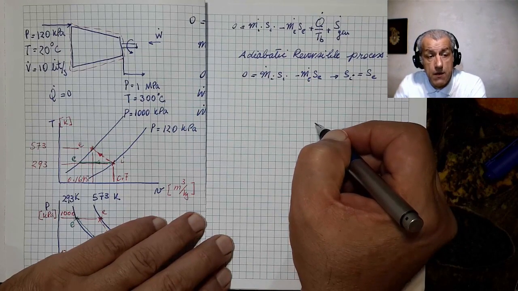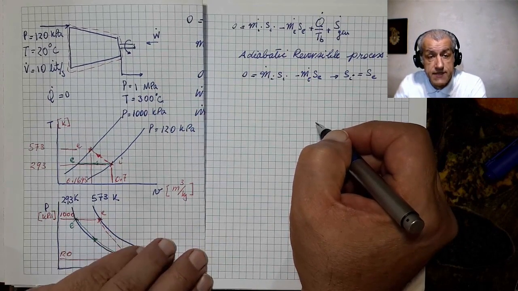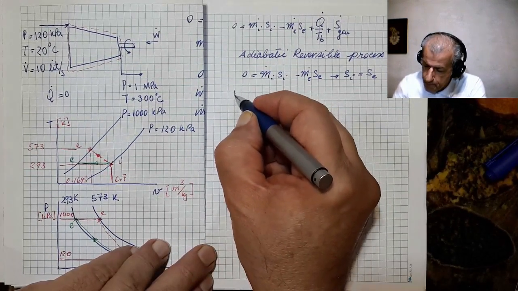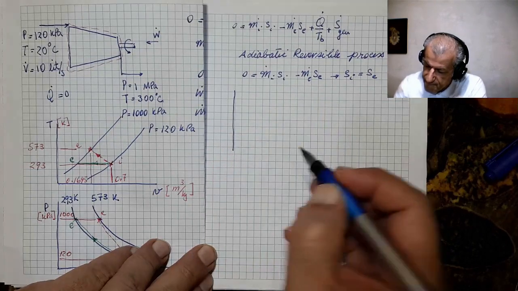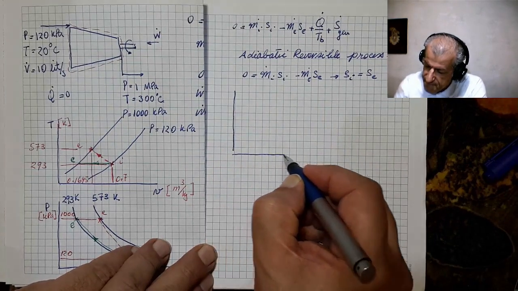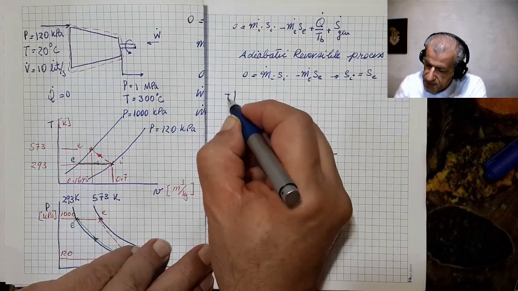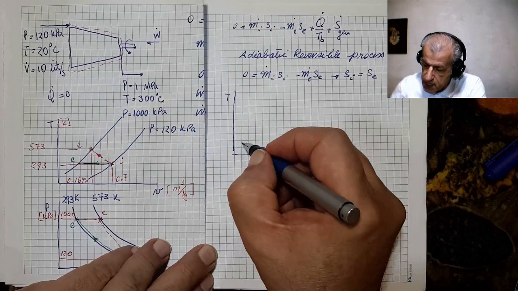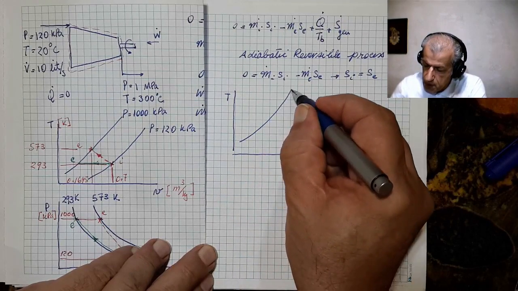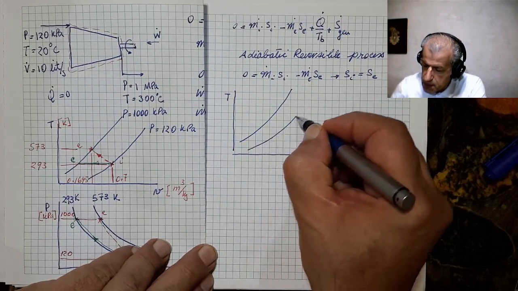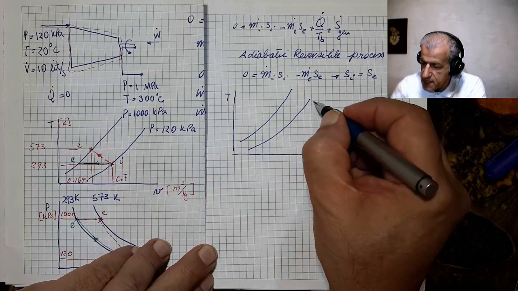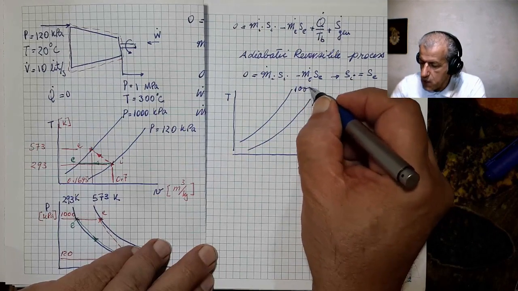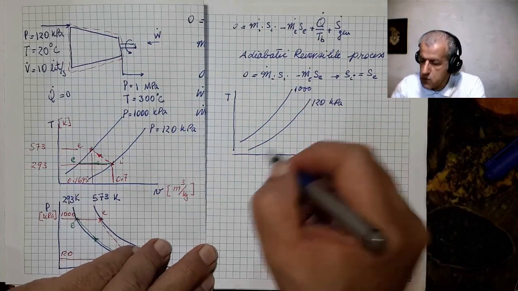Let's draw this on a TS diagram. This is a TS diagram, and constant pressure lines on this diagram would be these lines. This is 120 kilopascals, and this is 1000 kilopascals.